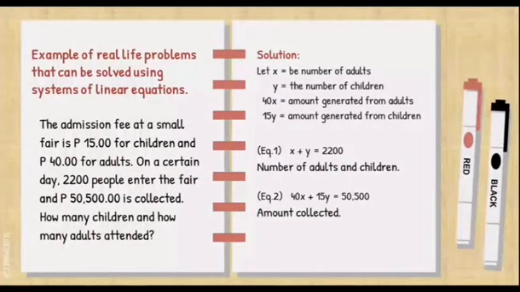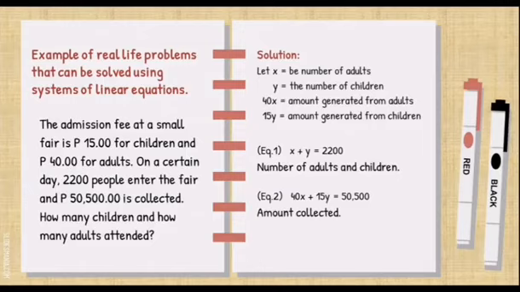Example of a real-life problem that can be solved using systems of linear equations. The admission fee at a small fair is 15 pesos for children and 40 pesos for adults. On a certain day, 2,200 people enter the fair and 50,500 pesos is collected.